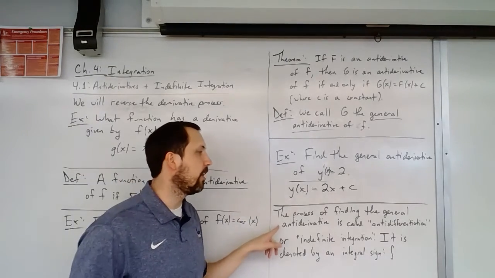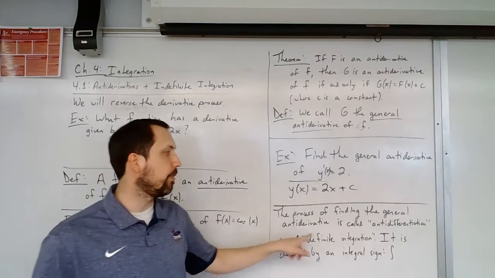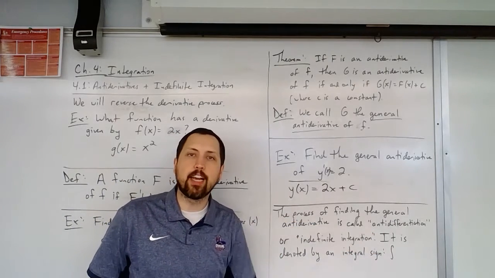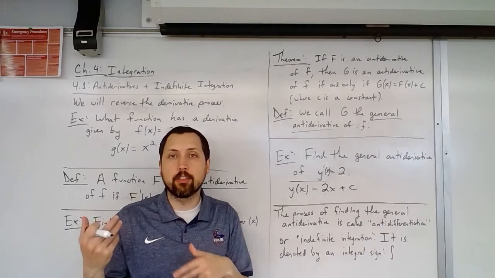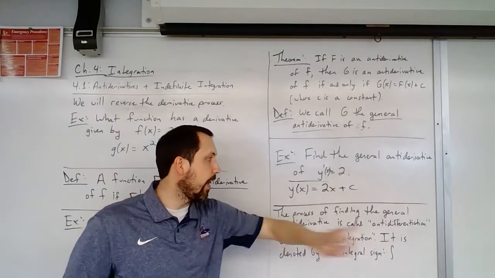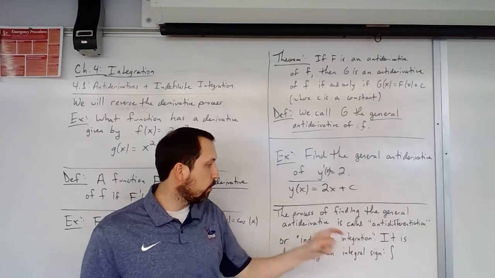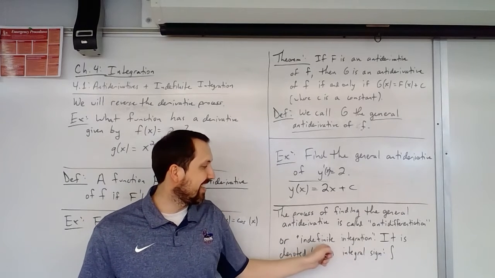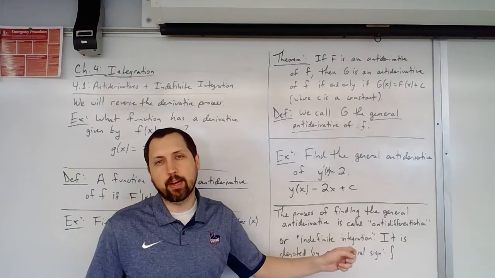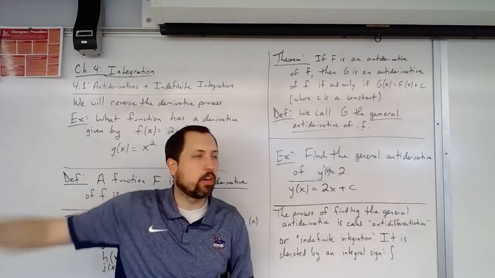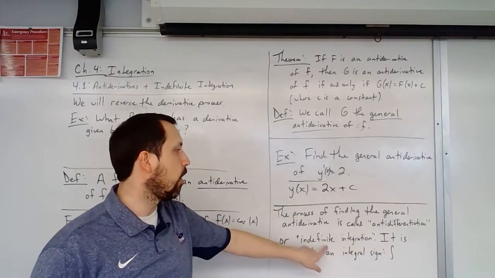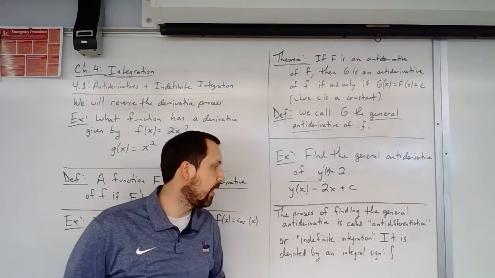So this process of finding the general antiderivative, this is called antidifferentiation. So we had differentiation, and obviously if you take the opposite of it, it makes sense to put anti, right? So anti-differentiation. Or what we might also start to refer to this as is what's called indefinite integration. So to start to connect things into chapter 4 of integration, we can call this process indefinite integration.